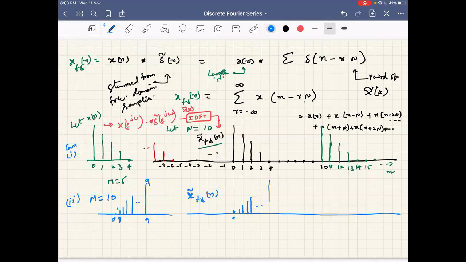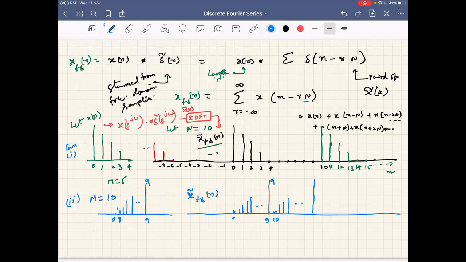You will be able to get up to 9 here. And this repeats again with 1, 2, 3, and so on, because the period here to repeat is capital N, right?